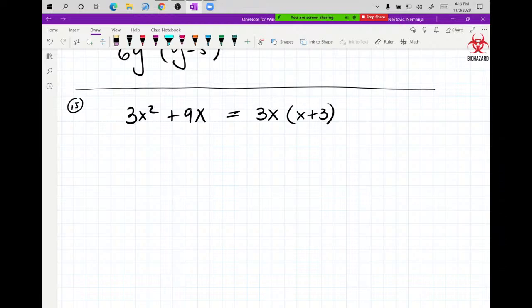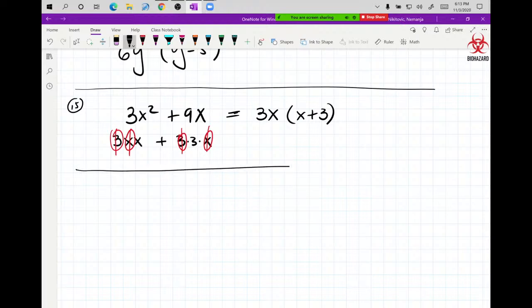Now, to break it down, it's 3xx plus 3 times 3 times x, and your common stuff, 3 with 3, and 1x with 1x. The leftovers are the ones that are not taken, which means they go in a parenthesis. Very good.